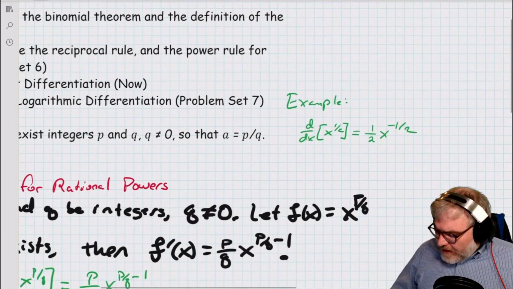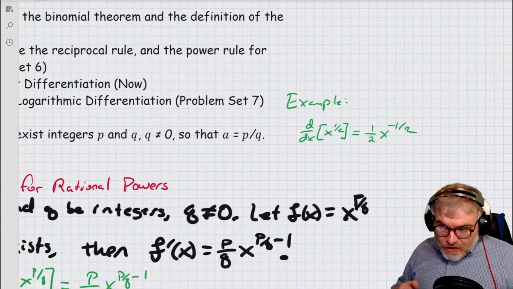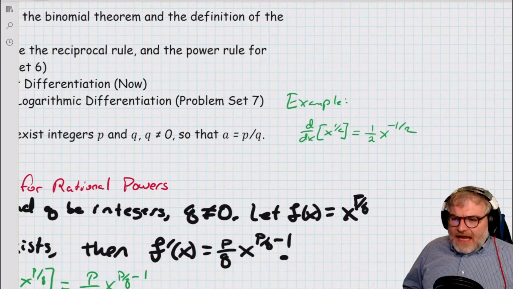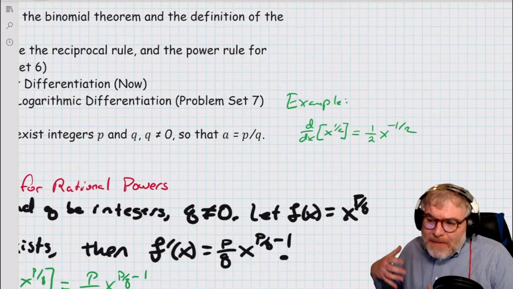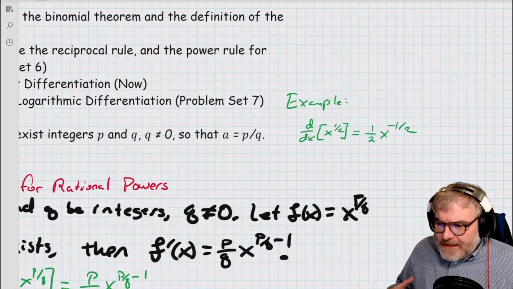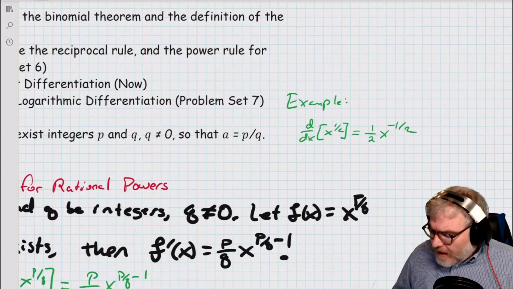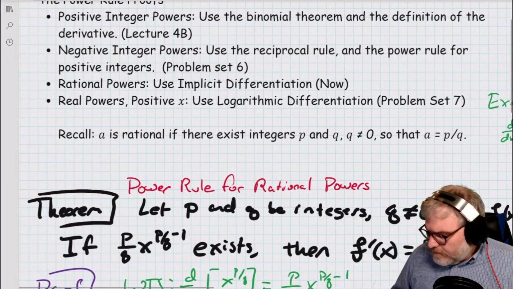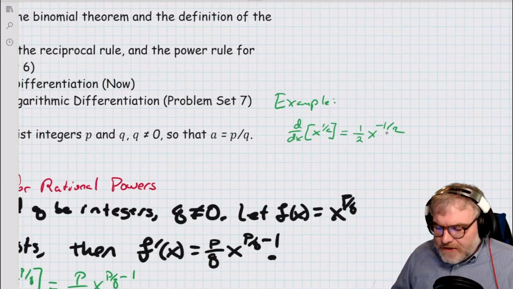The derivative with respect to x of x to the 1/2 is 1/2 x to the negative 1/2. So in other words, I can use the power rule to do things with fractional exponents, wherever those fractional exponents are defined, or wherever the fractional exponent minus 1 is defined.